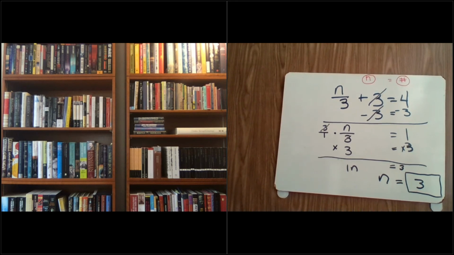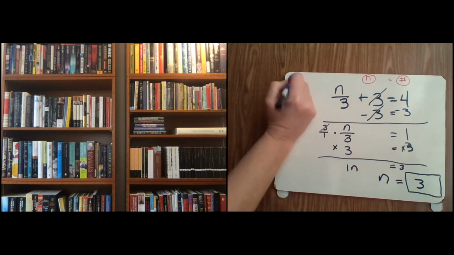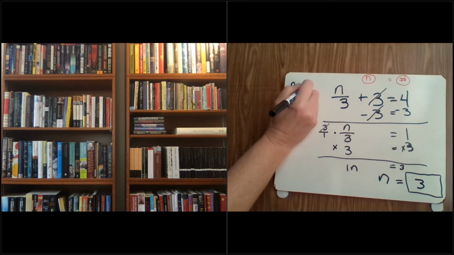Let's substitute to see if I have the correct answer. That's why they taught us substitution: when you get a problem that's kind of hairy like this, it's a good way to go back and see if you solved it correctly. n over 3 plus 3 equals 4.